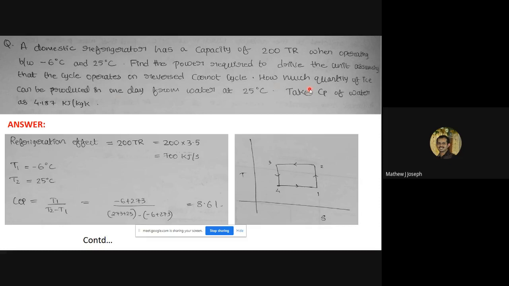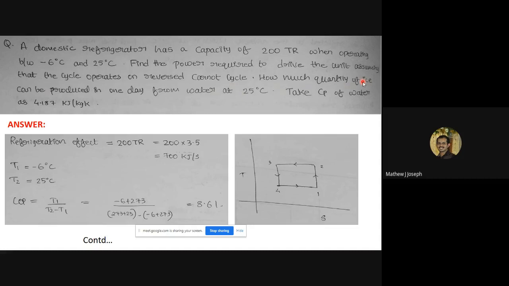We need to find out how much ice can be produced in one day from water at 25 degrees Celsius. So here in the question, we are converting water at 25 degrees Celsius to ice.